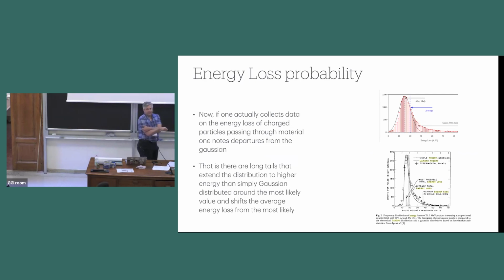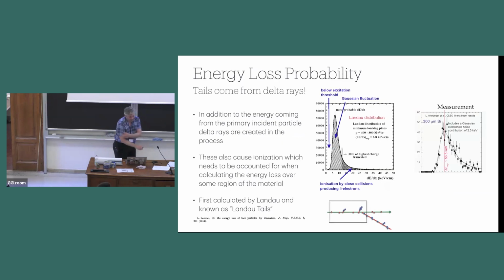This was observed quite a long time ago, when they started looking at particles passing through material. It turns out that those tails shift the difference between the most likely value and the average one. So where do those tails come from? Well, those come from the delta rays.